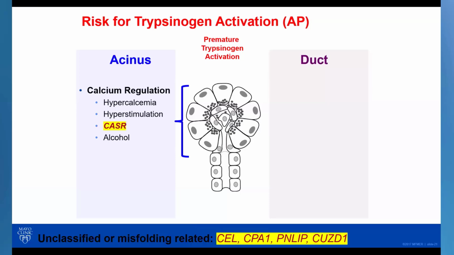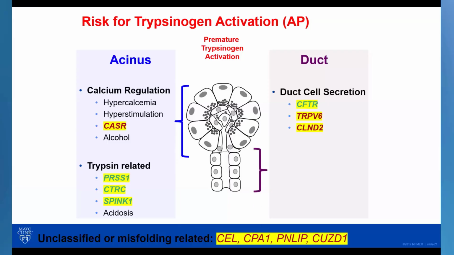But here is another cause, which is CASR mutation that's known to affect calcium regulation. It could be a trypsin-related problem within the acinar cells, and these are the other genes: PRSS1, CTRC, SPINK1, or if someone has severe kidney failure resulting in acidosis, that could also result in premature trypsin activation.